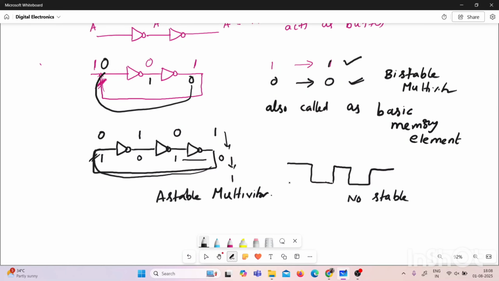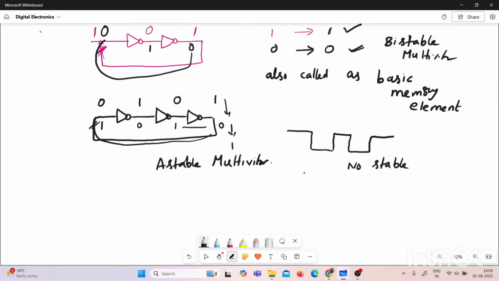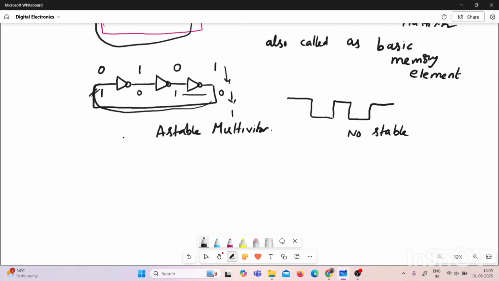Now here the output is oscillating between two voltage levels. Whatever voltage we provide for logic 1 and logic 0, the output will oscillate between those two voltage levels. And there are some other names for the same circuit. One name is astable multivibrator, and this circuit is also used for generating the clock signal, so it is also called a clock generator.